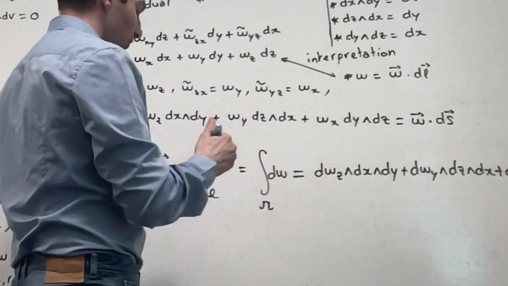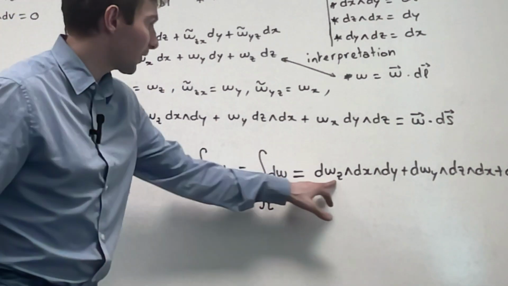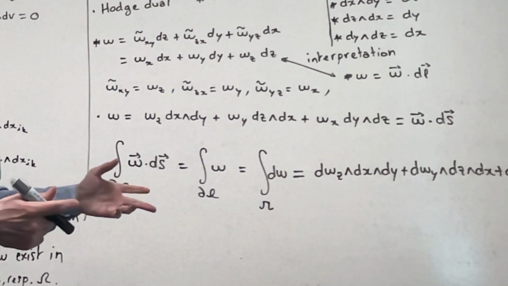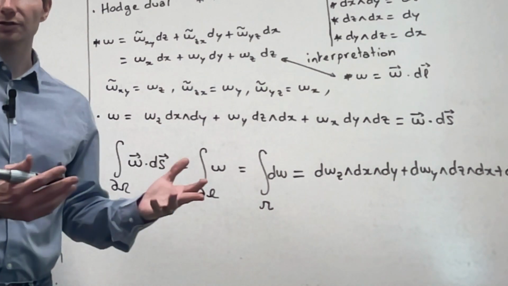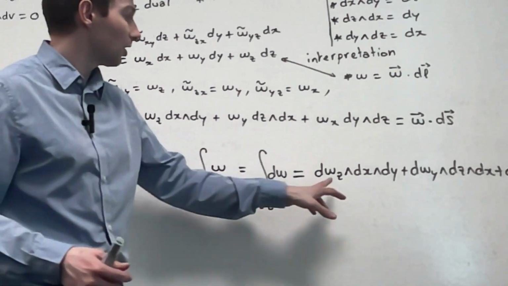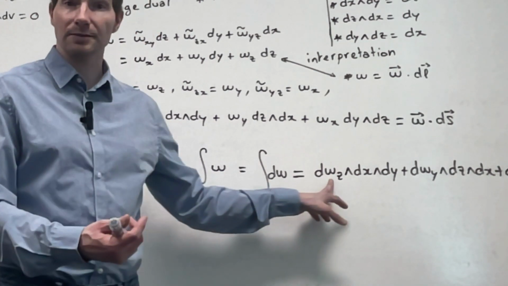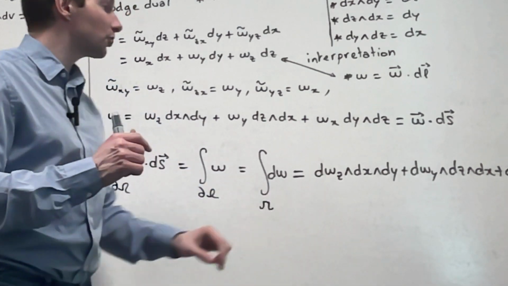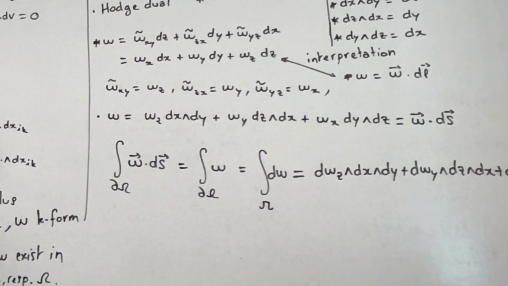And so then I'm going to expand the d omega in terms of total differentials. This d omega z is going to be the total differential of the function omega z. But you need to remember that this total differential involves dx, dy, and dz.